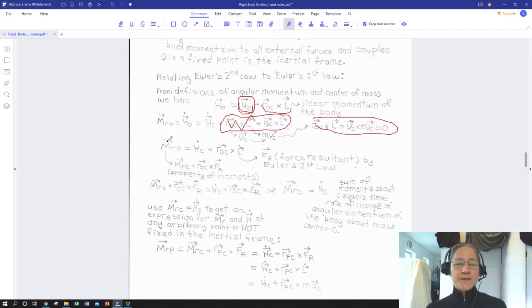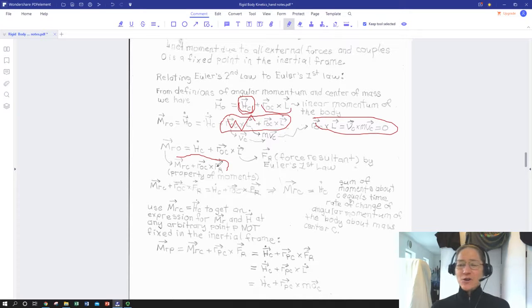If we wanted to write this in terms of the sum of the moments about the center of mass, all we have to do is use this property of moments. Basically, the resultant moment about a different point is going to be the first plus the radius vector to that second point, in this case from O to C, crossed into the force resultant.